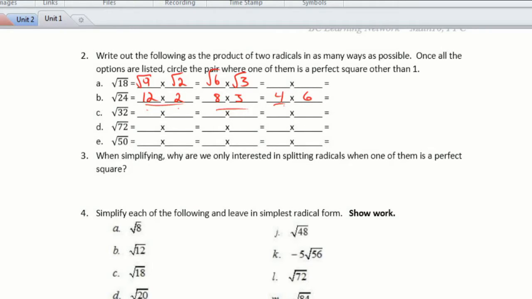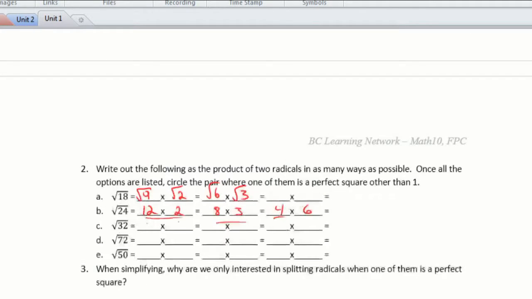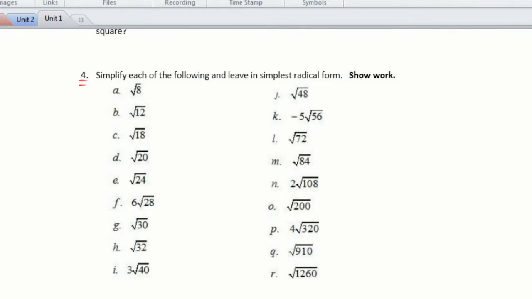Number 4, simplify each of the following. This is kind of like what we just did, breaking these down. And we start really simple. So, largest perfect square that goes into 8. I think to myself, 8, I could write that as a 4 and a 2, which is going to give me 2 root 2.